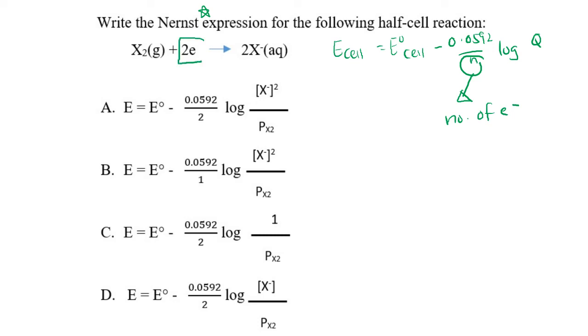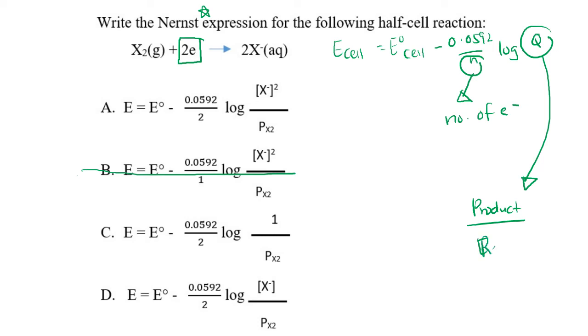Here we can see there are 2 electrons, so basically option B is out. Then next we look at the Q. Q is the product over reactant, and we only include the aqueous and gas species.